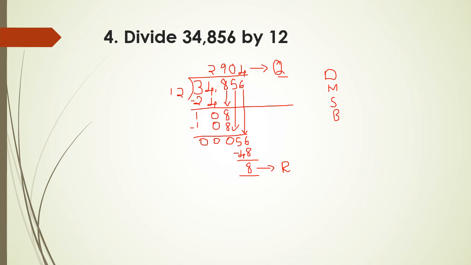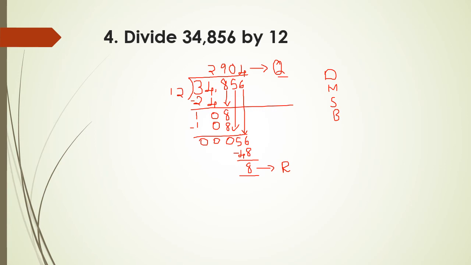Fourth problem. Divide 34,856 by 12. So your first step, you have to write the dividend inside the division bar. Then the divisor will be outside of the division bar.